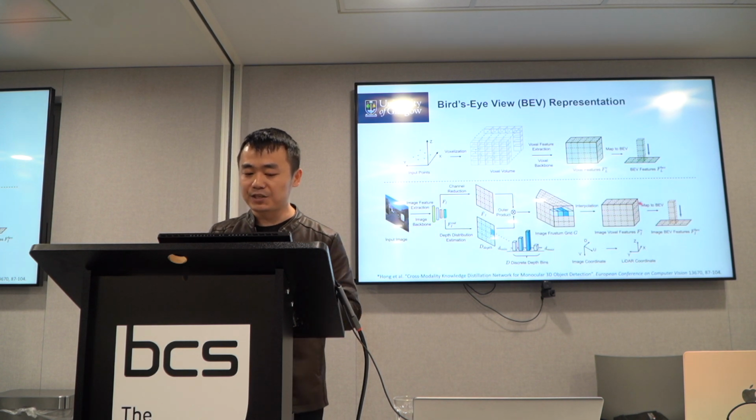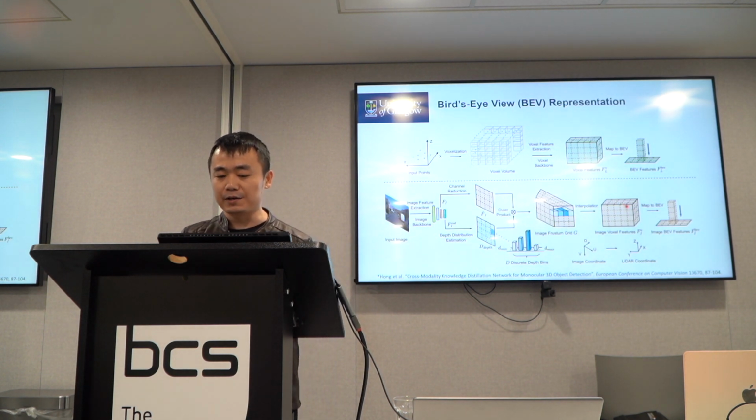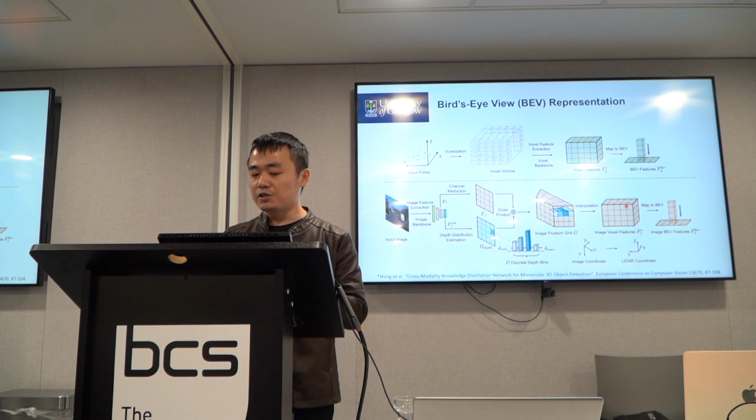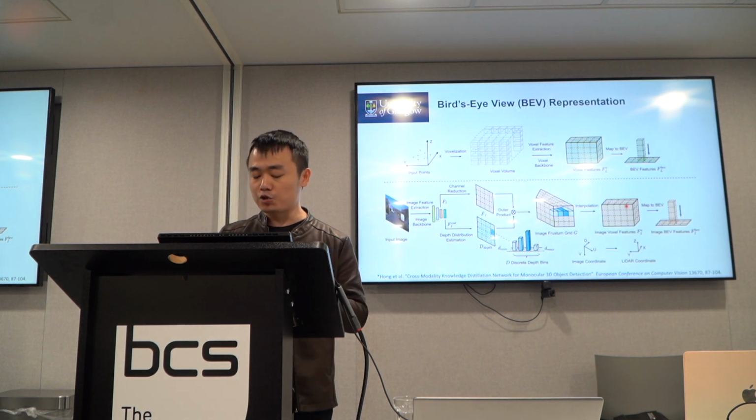Then we can obtain the image-based voxel feature, which is similar to the voxel feature from the point cloud. The final stage is the same: we flatten these voxel features onto the bird's-eye view, and then we have the BEV features for the image modality.